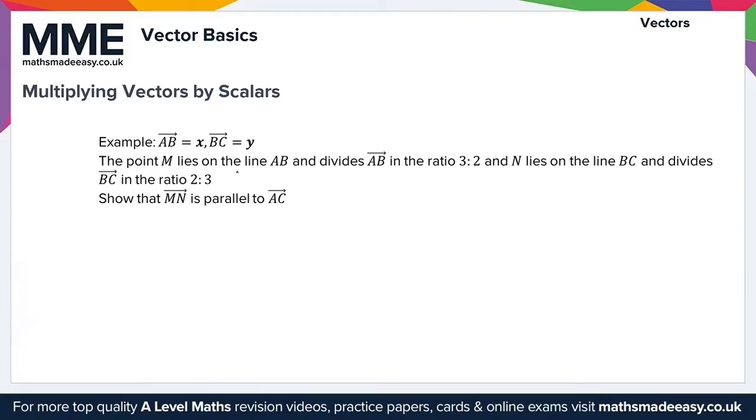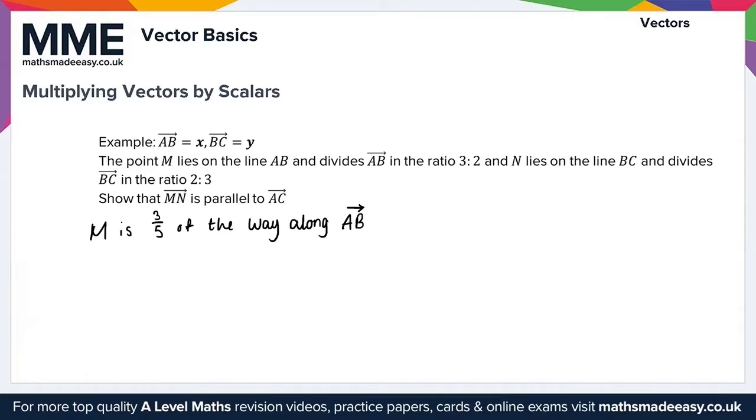So here we know the point M lies on the line AB and it divides the vector AB in the ratio 3 to 2. So what that tells us here is that M is 3/5 of the way along the vector AB there. Okay.